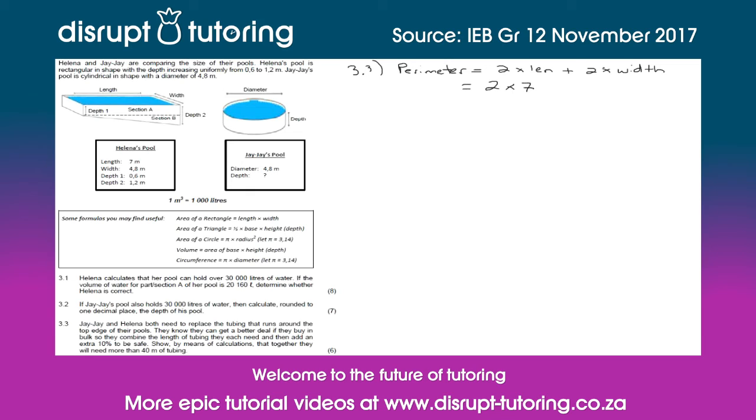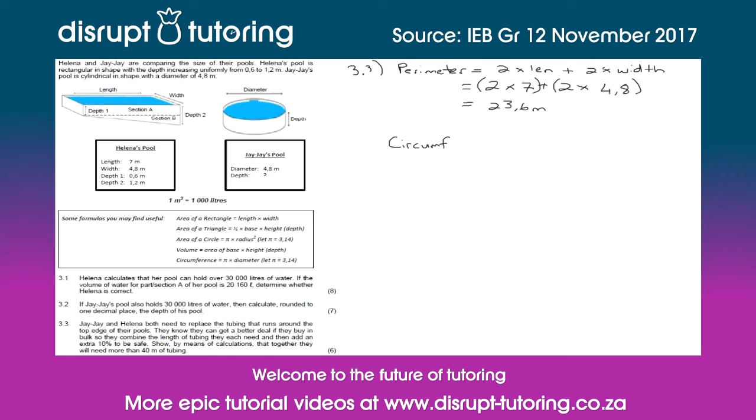Remember, we get the 7 because our length is 7 meters, plus 2 times 4,8. That 4,8 comes from the width they've given us there. So in your calculators, this comes to a total of 23,6 meters.